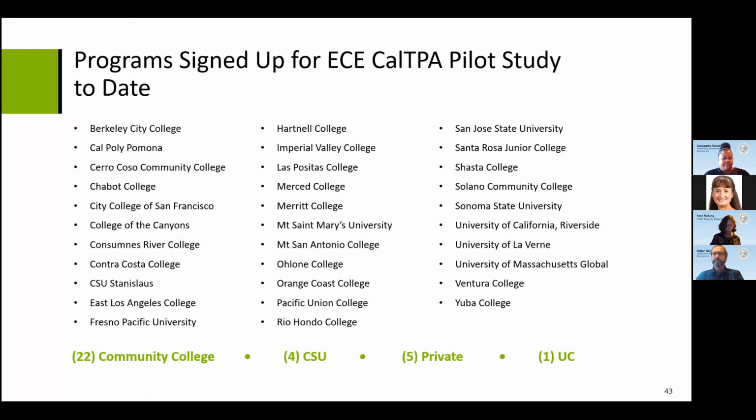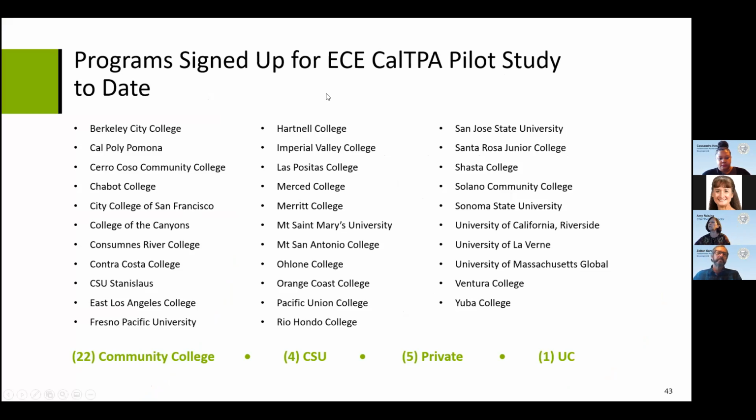I'll turn it over to Fred. Thank you. We created a survey which we posted to find out information from interested institutions willing to participate in the pilot study. To date, we have 32 programs who would be able to participate in the pilot slated for spring 2022.